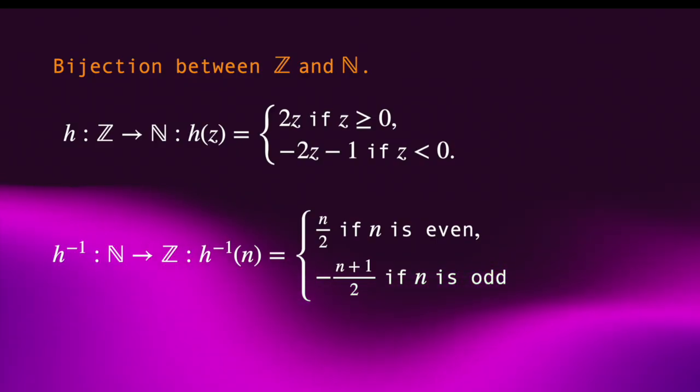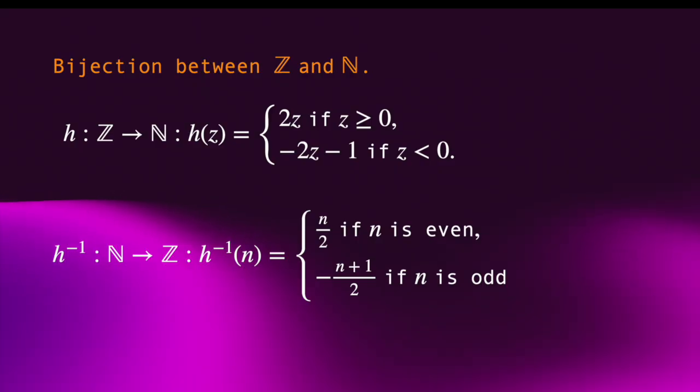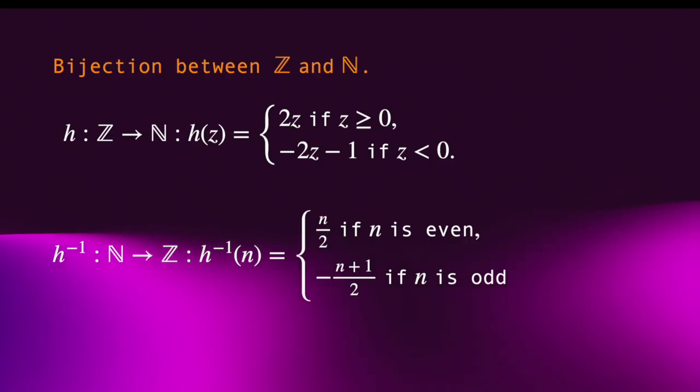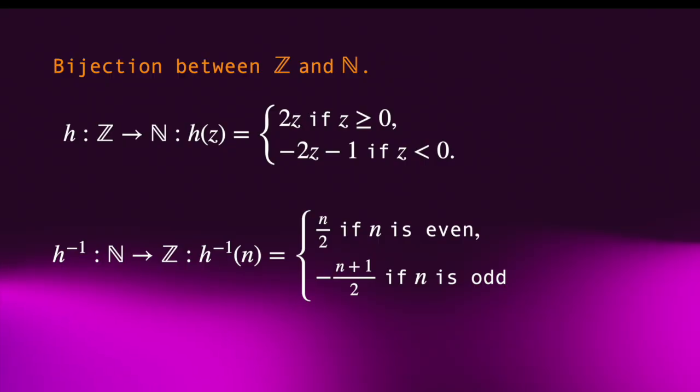Now we will show that there is a bijection between N squared and N, via Cantor's pairing function. So we need a lemma.